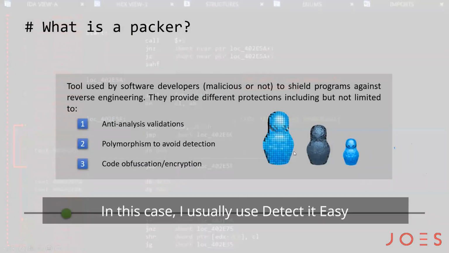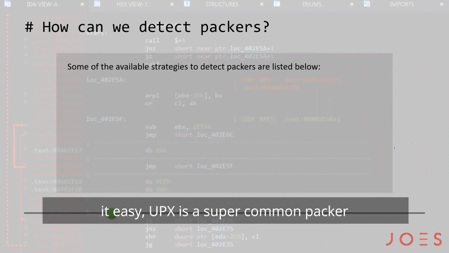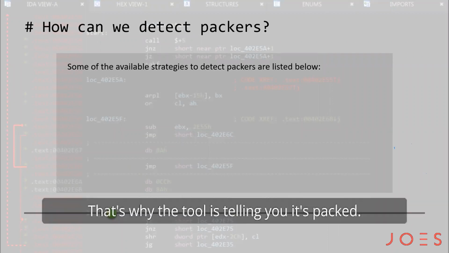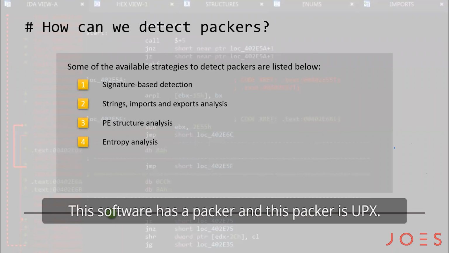In this case, I usually use Detect It Easy. If you open the UPX sample with Detect It Easy, UPX is a super common packer. That's why the tool is telling you it's packed. This software has a packer, and this packer is UPX.